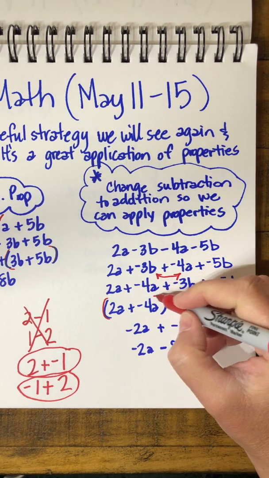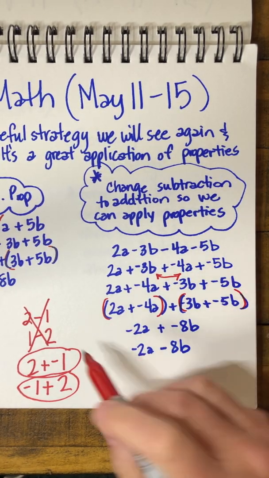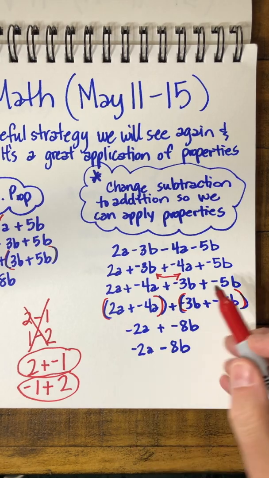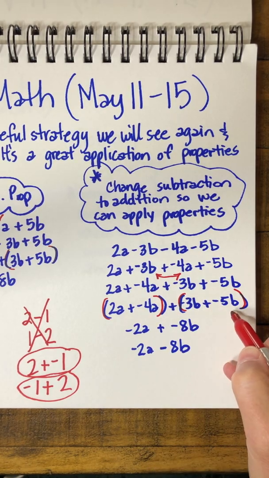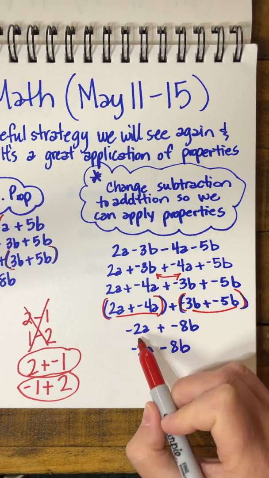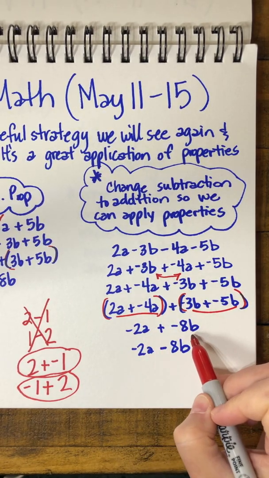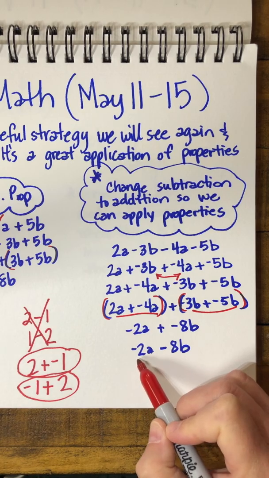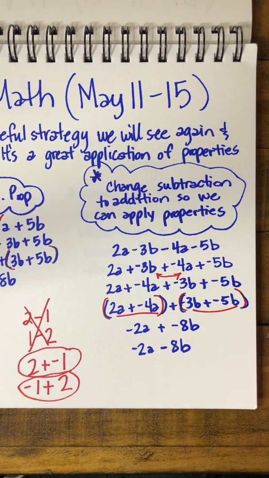And then we're going to associate. So we're associating the 2a plus the negative 4a and the negative 3b plus the negative 5b. Then when we solve what we have in our parentheses, we're left with negative 2a plus negative 8b. And we can write that then as negative 2a minus 8b.